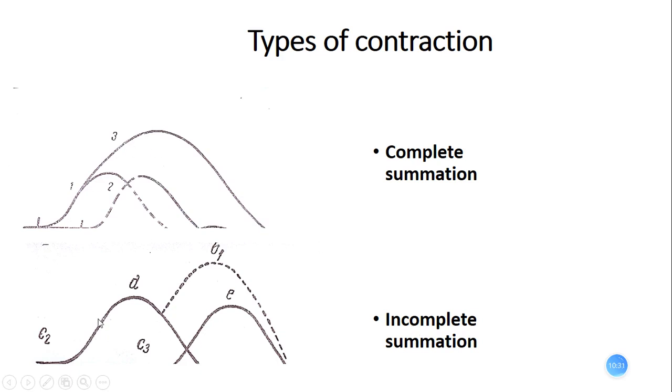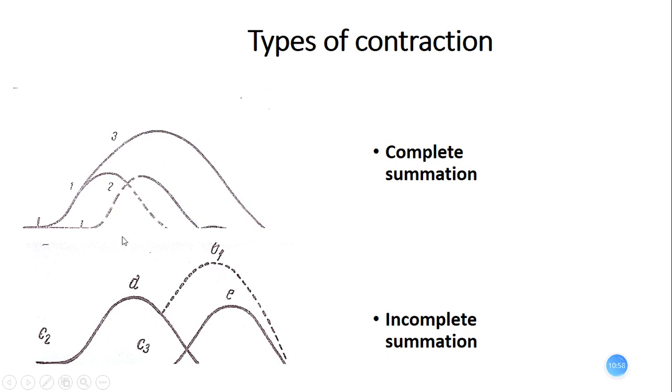And this is incomplete because the second stimulus is applied during the relaxation period, and again the two contractions are summed up, and we obtain kind of one single contraction.